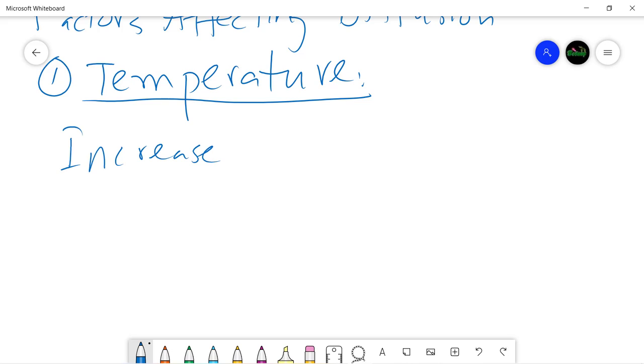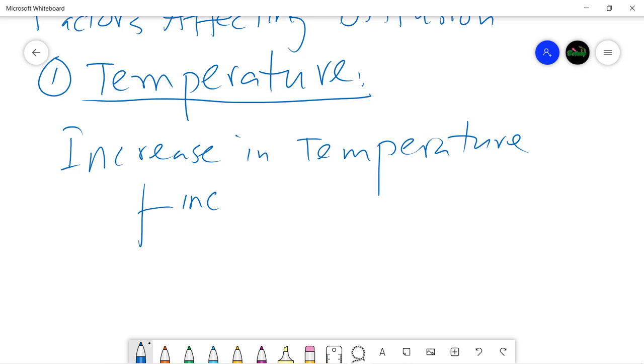So any increase in temperature increases the rate of diffusion.